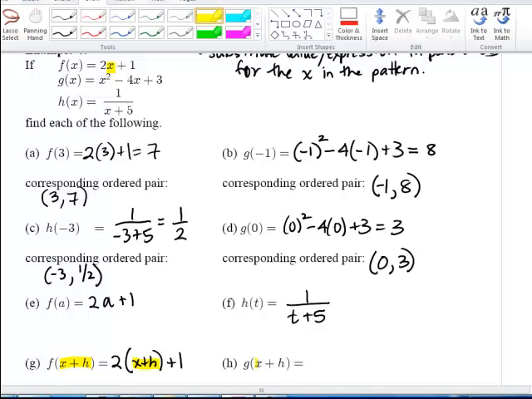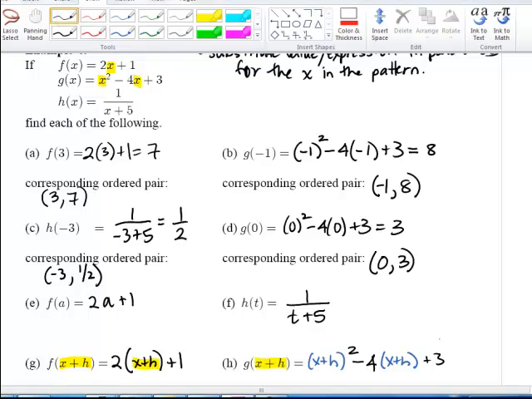Similarly, g of x plus h means I'm going to take that x plus h and put it in for each of the x's in the pattern for g. So that's going to look like (x plus h) squared minus 4 times (x plus h) plus 3.